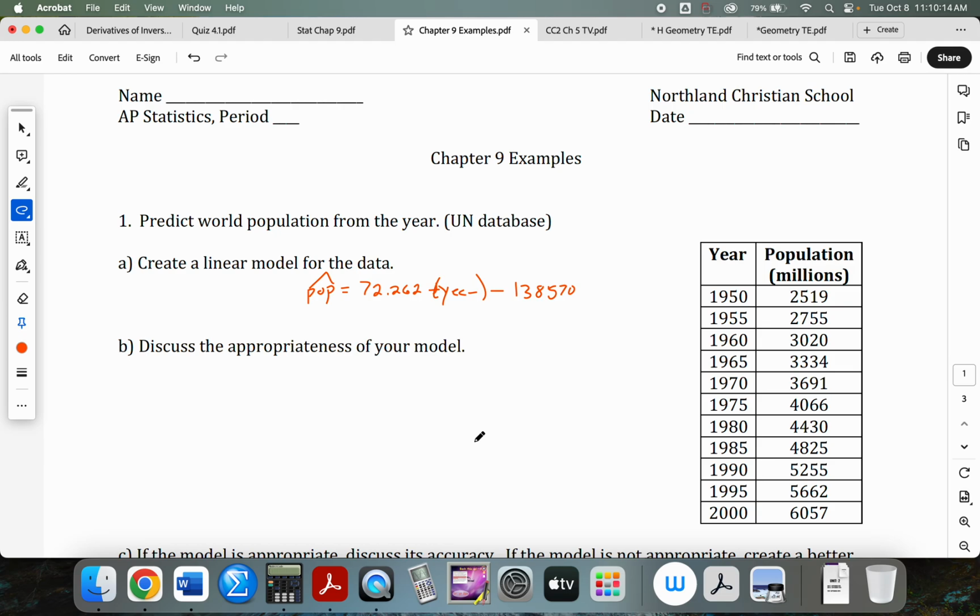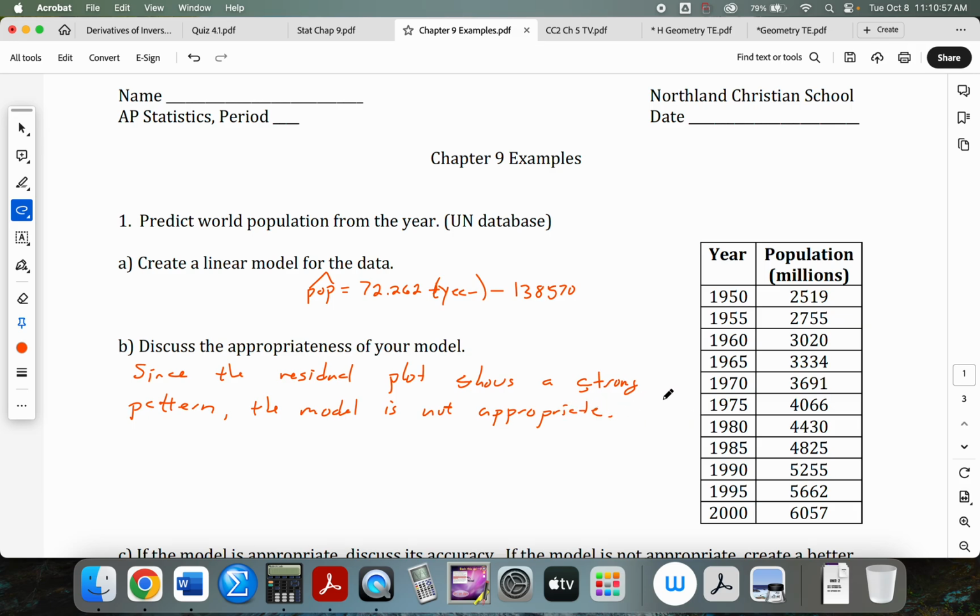So we didn't actually do this. Discuss the appropriateness of your model. Since the residual plot shows a strong pattern, the model is not appropriate for the linear model.